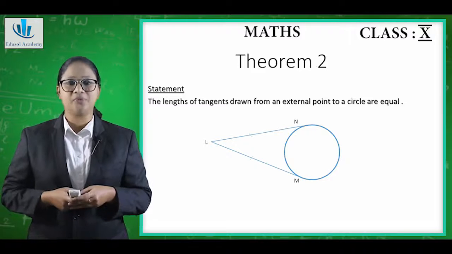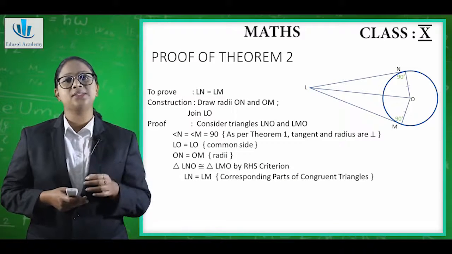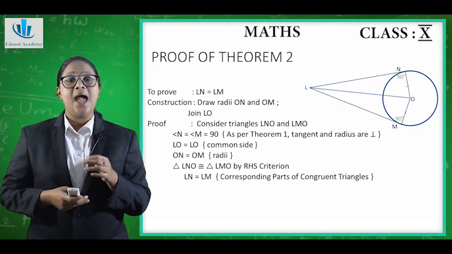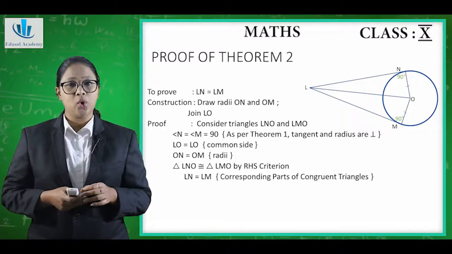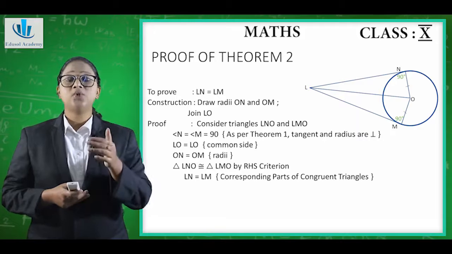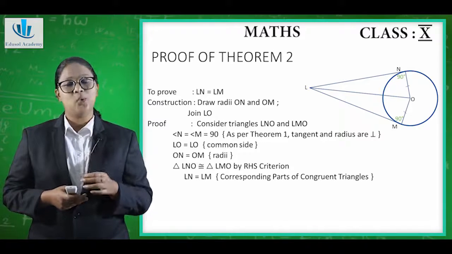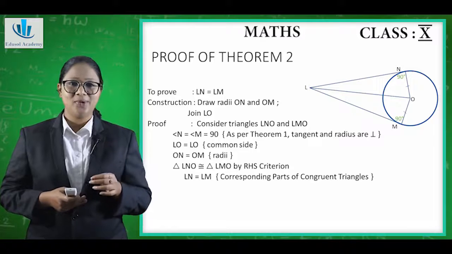We'll move to the proof of Theorem 2. For this one, the construction that we have to make is by joining M and N to the center O and join LO. Now, you can see two triangles, namely triangle LNO and triangle LMO.